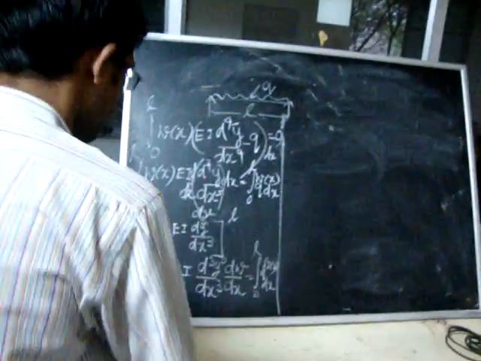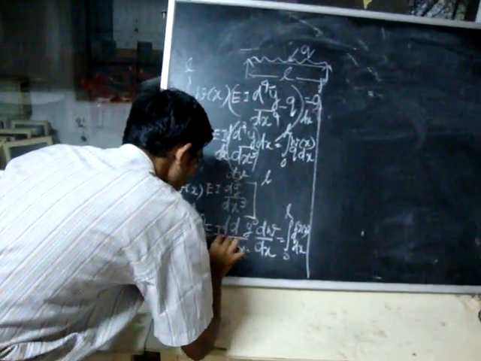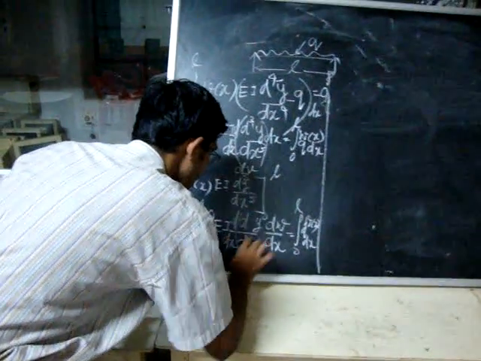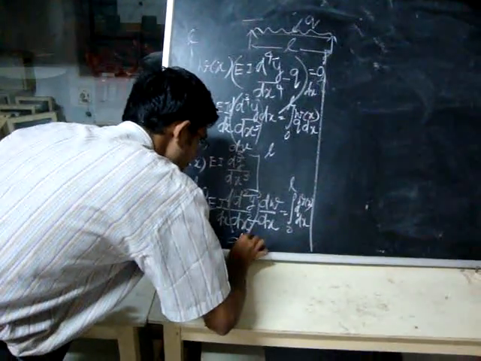I can again perform integration by parts here. This can be rewritten as d by dx of d2y/dx2, which can be taken as dv.